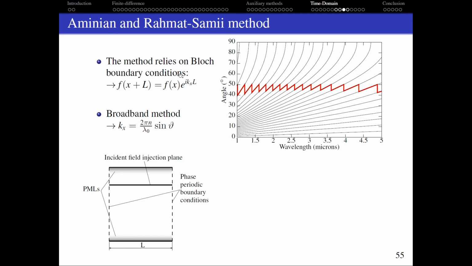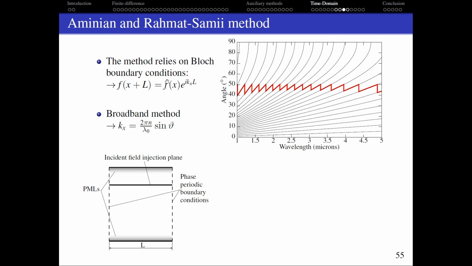Those block boundary conditions are based on a phase shift of your field at the boundary. The issue is that this phase shift is unique for all the wavelengths. This phase shift is defined by a k vector and the length of your window.